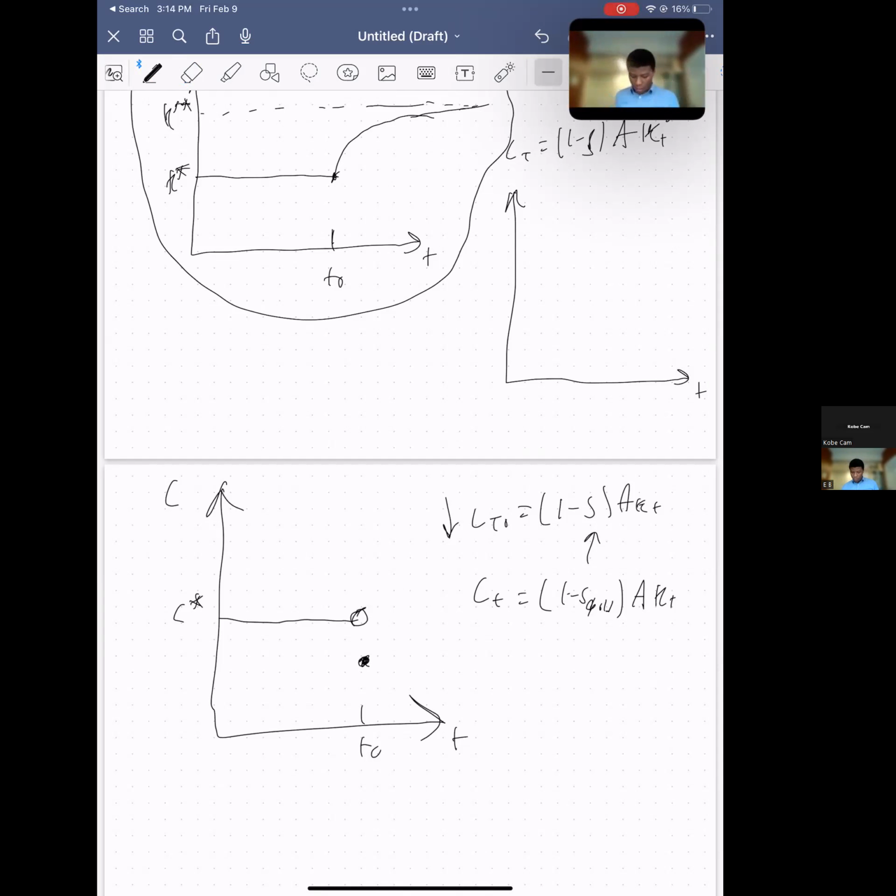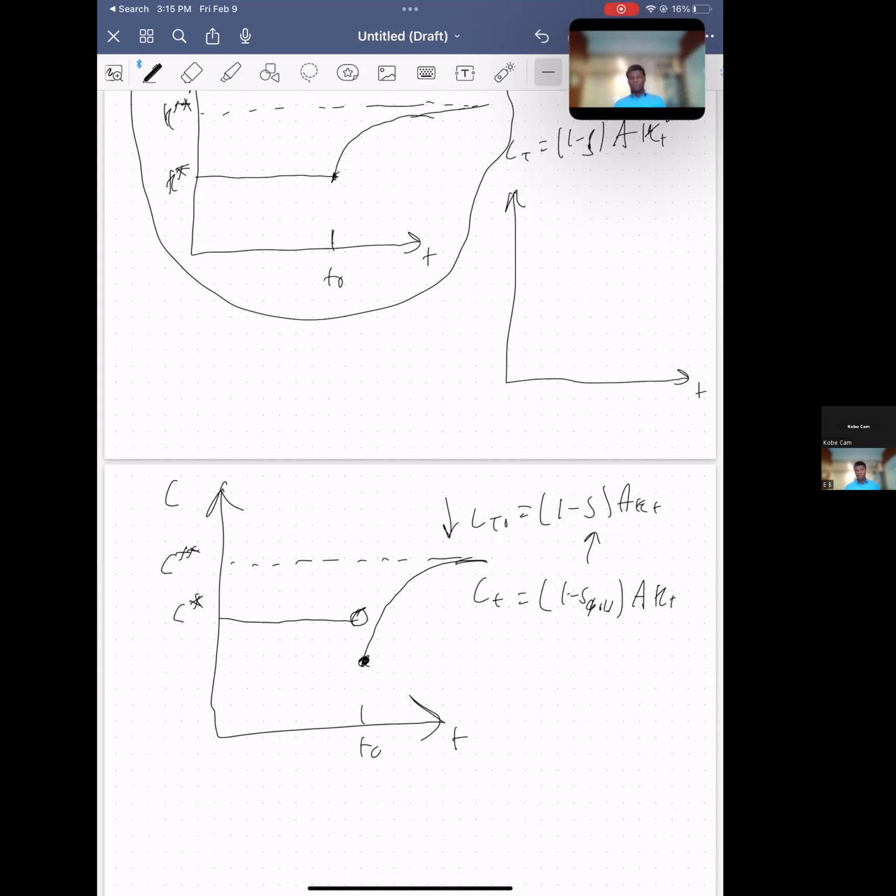So if this was less than C star, that would mean we would be consuming less than we would at the maximum. We already defined the maximum as S gold. So it's impossible for us to be consuming less than we would be in the future. So we're going to go up above. We start at initial t0, instead we're going up to this new C star, which is above.